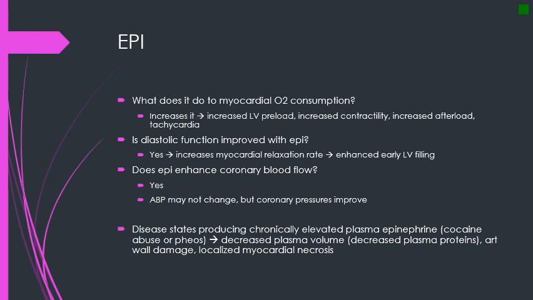Now, one thing I do want to mention is that patients that you see that have chronically elevated plasma epinephrine, pheochromocytomas, patients that abuse cocaine or methamphetamines that are constantly depleting those norepinephrine stores, those patients have a decrease in their intravascular plasma volume, because they have a decrease in their plasma proteins for several reasons that we have discussed in the past.